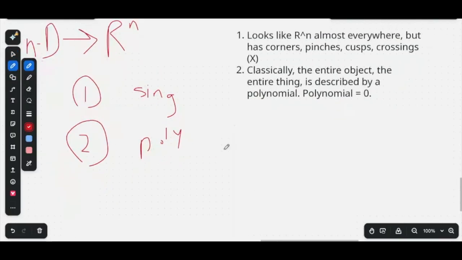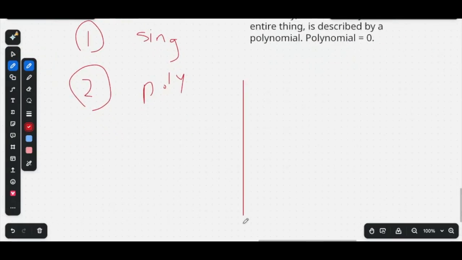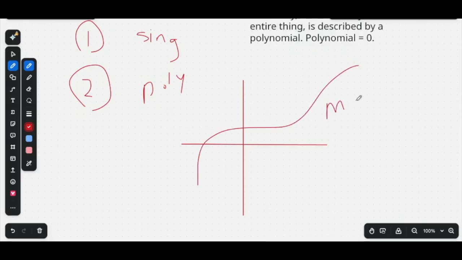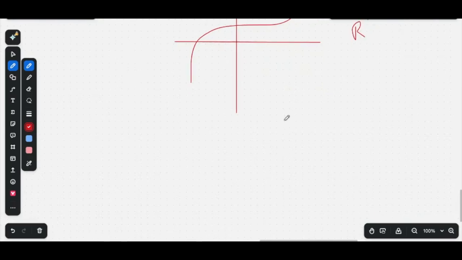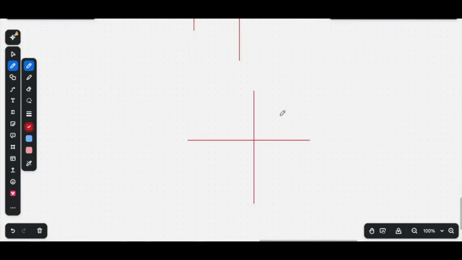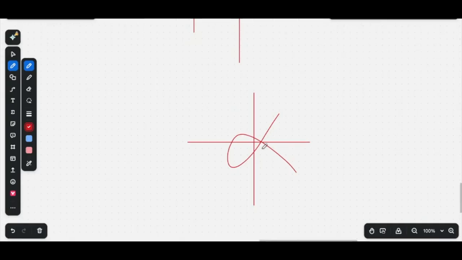So for example, if I have a graph, this thing is clearly a manifold, okay? It is very similar locally to R1. However, this is a variety.